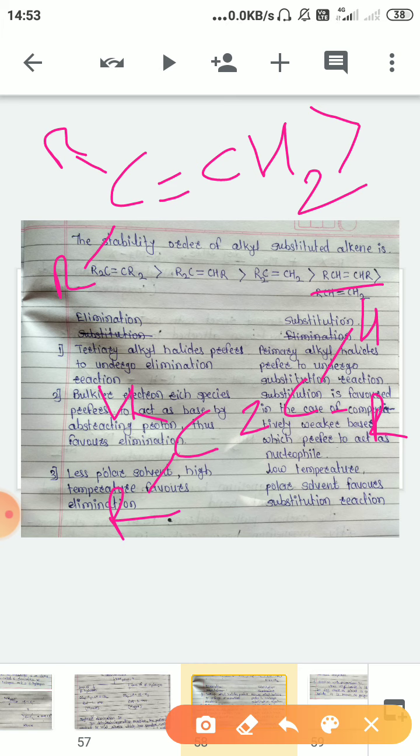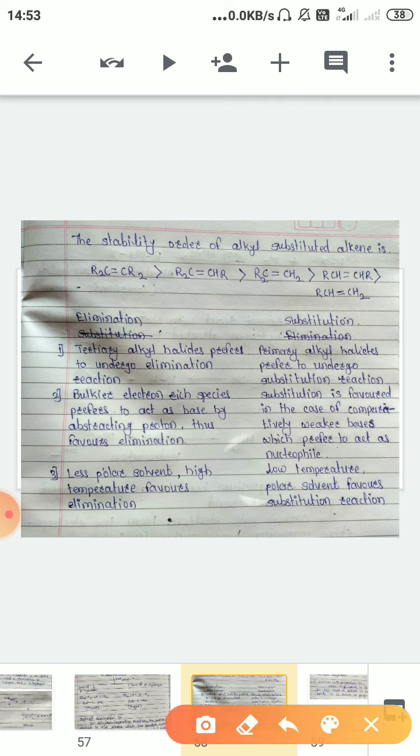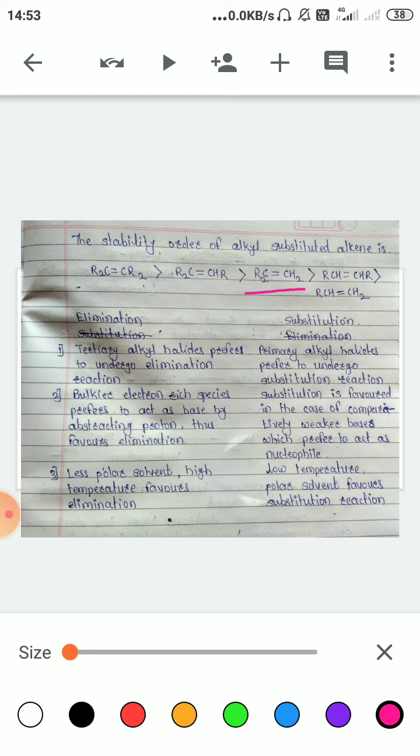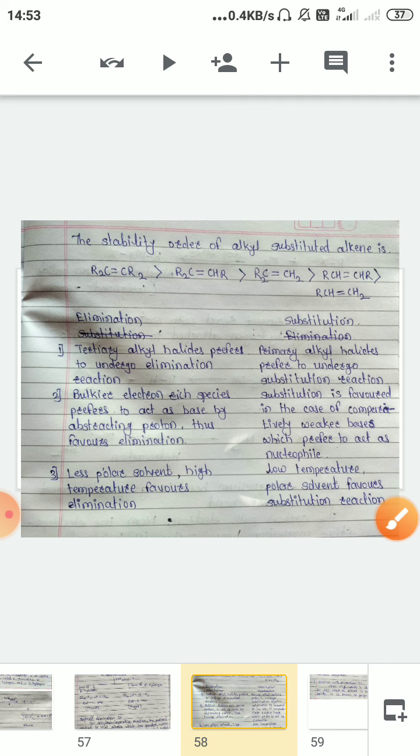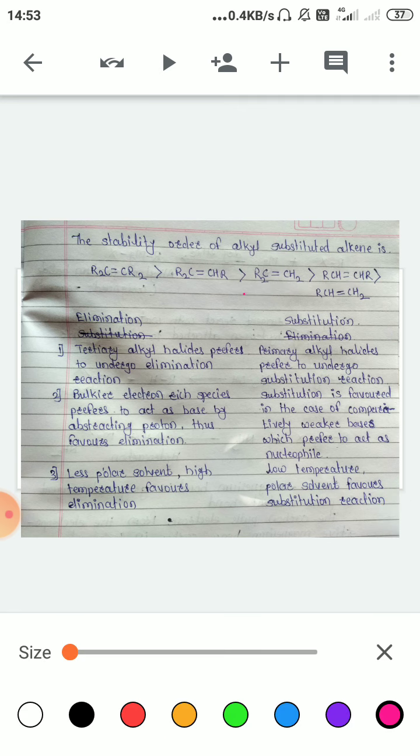Now remember one thing here very carefully. This alkene also contains two alkyl groups. But this alkene is 1,1 disubstituted, while this alkene is 1,2 disubstituted.